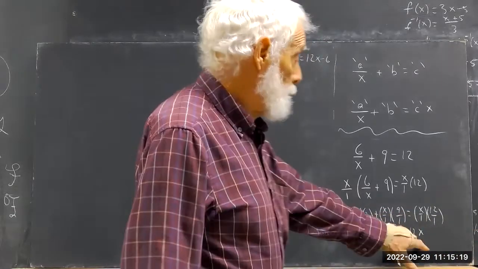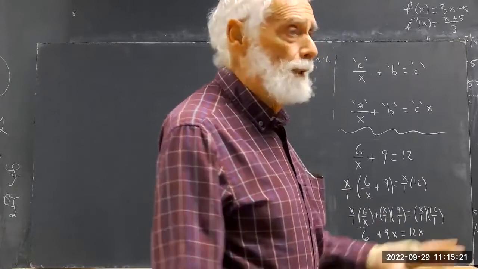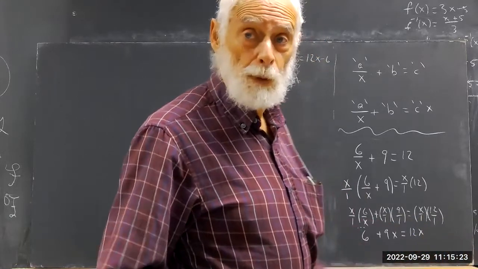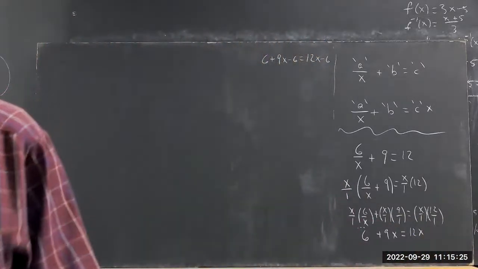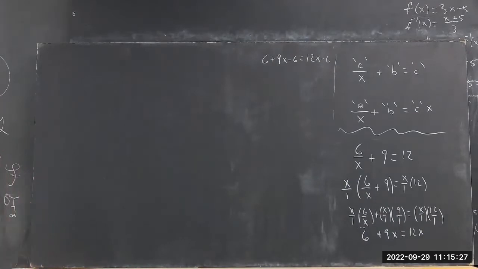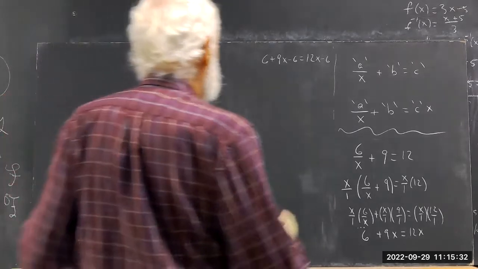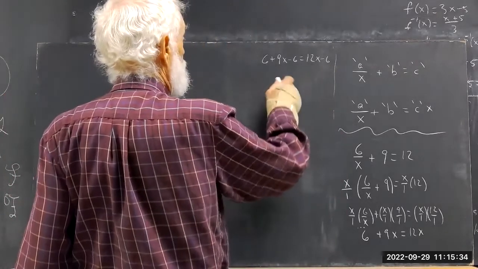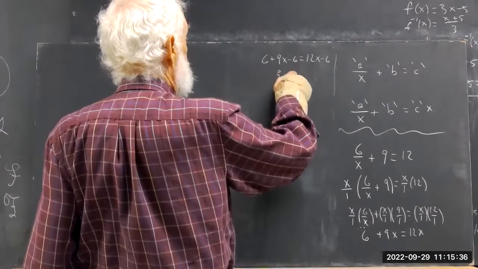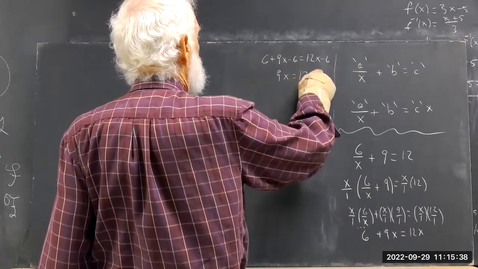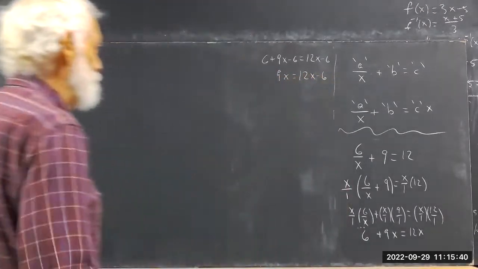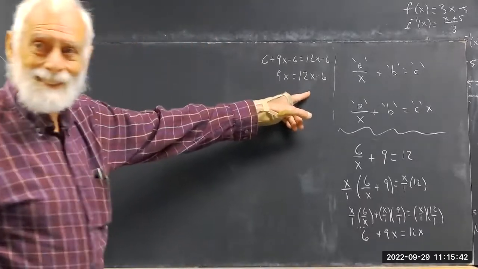Then if there happen to be x's over here, you deal with it. That's a matter of style and taste, and either way you do it is okay. Well, we get 9x equals 12x minus 6. And darn, there's an x over here.